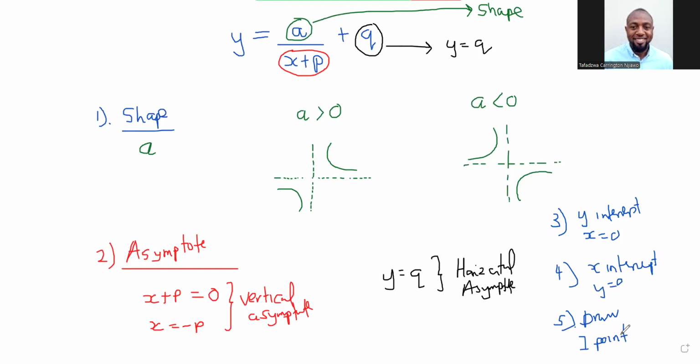Okay, so let's quickly look at some examples. We want to sketch the graph of f of x is equal to 2 over x minus 2, plus 1. I said a gives us the shape, so this 2 here is my a.